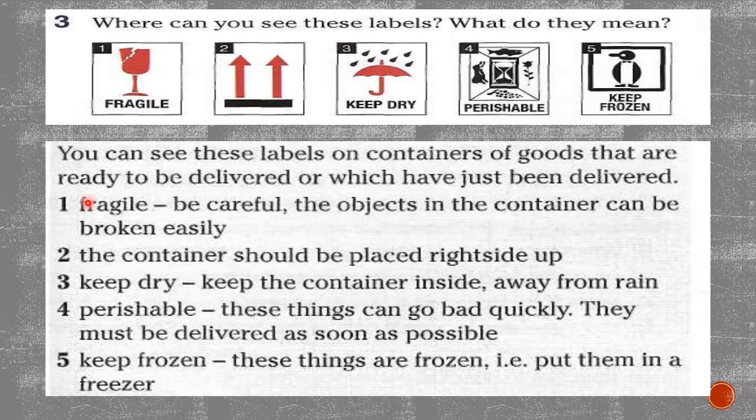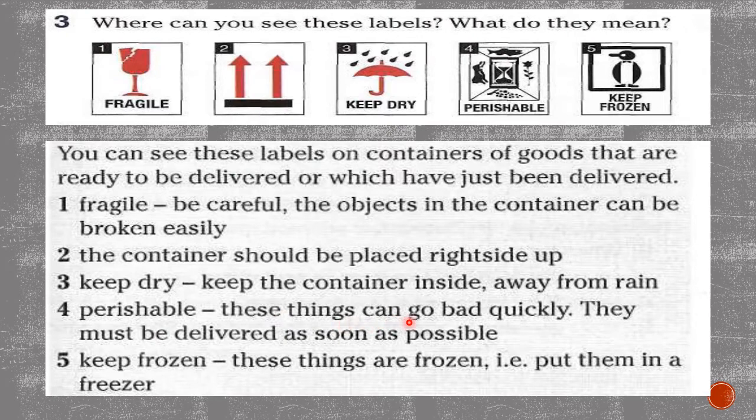Now, label number 1 means fragile, means be careful. The objects in the container can be broken easily. Number 2 means the container should be placed right side up. Number 3 means keep dry. Keep the container inside, away from rain or water. Number 4, perishable.